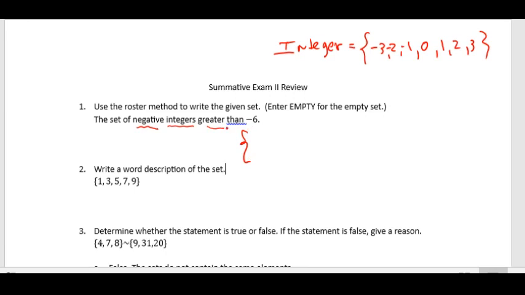So integers greater than -6 would be -5, -4, -3, -2, and -1. So these are the integers that are negative that are greater than -6.